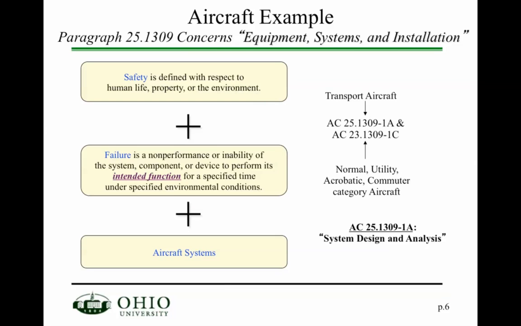So this class will be really focusing a lot on safety critical applications, and a lot of the examples are associated with aircraft because within Ohio University we have a lot of expertise in this area. So we saw a couple of things. We saw in module 1 that safety is defined with respect to not just human life but also property and the environment.